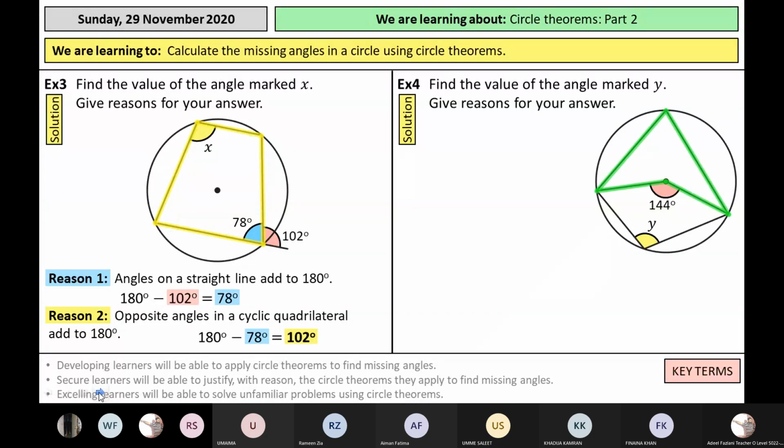And tell me, how do you do example number 4? Sir, 108. 72. Sir, final 72.